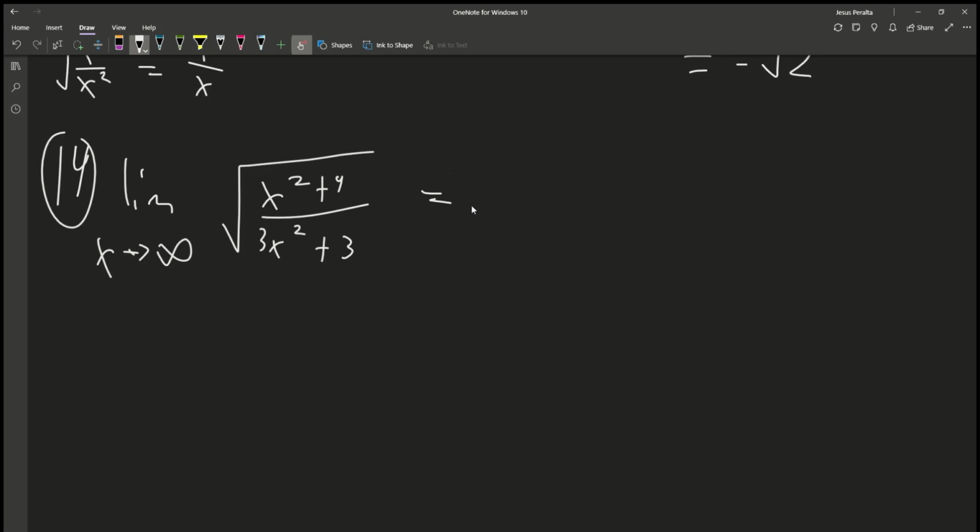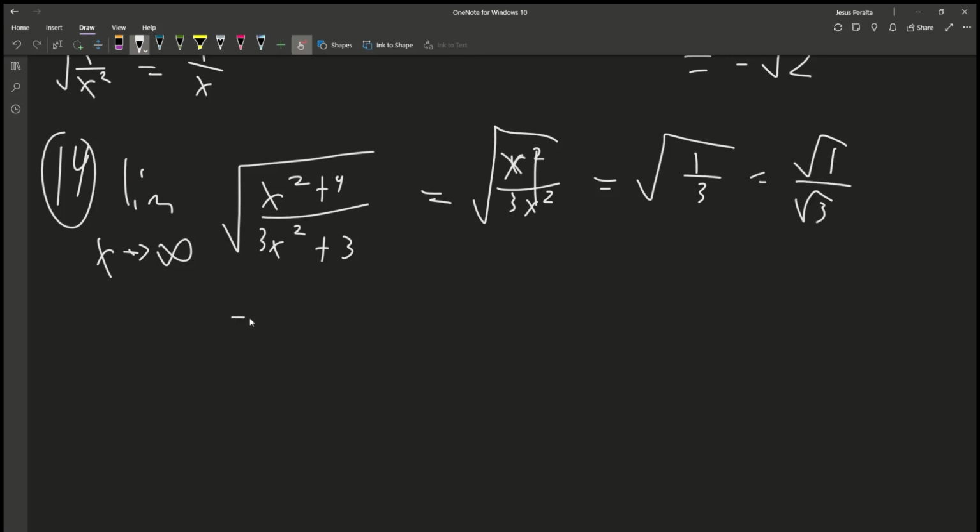So we just look at the exponents, square root of x squared over 3x squared, which is the same thing as square root of 1 over 3, because those cancel out. So that would be equal to 1 over square root of 3. We do not want that, so we multiply top and bottom by square root of 3, giving square root of 3 over 3, which is our answer.